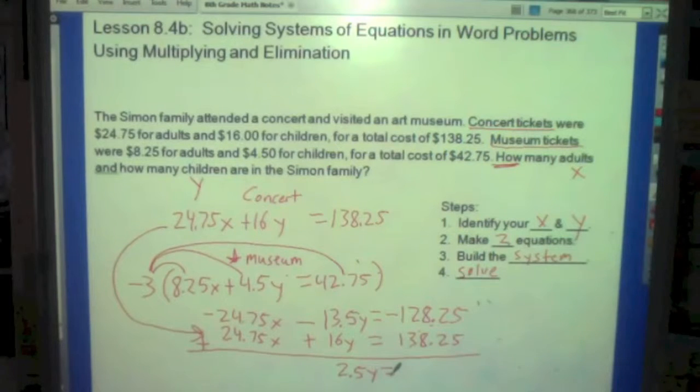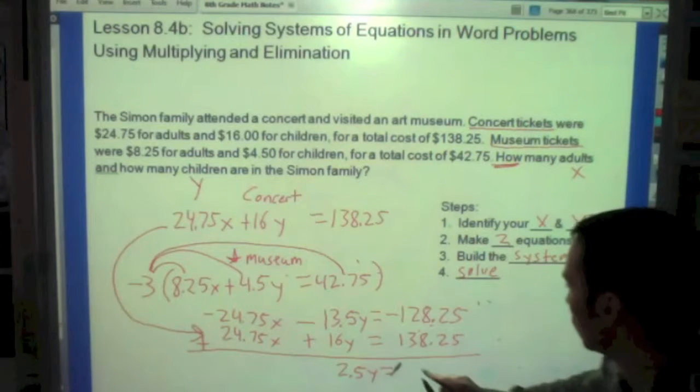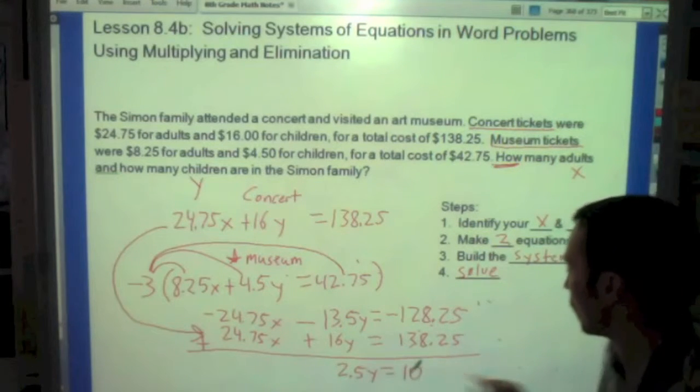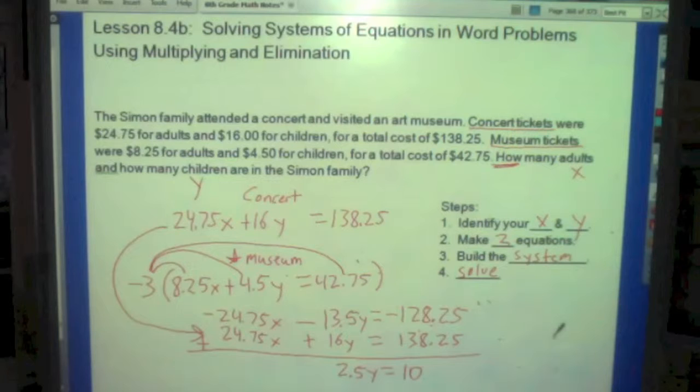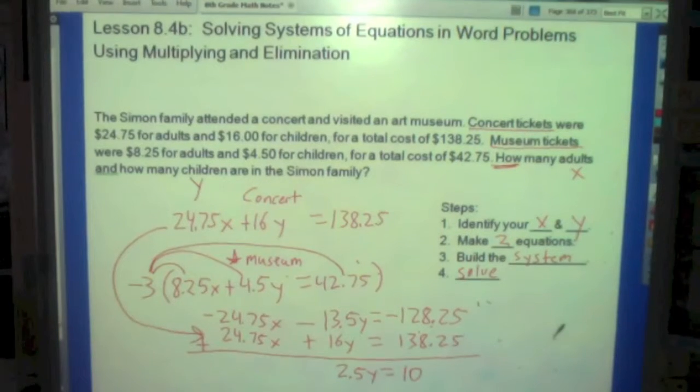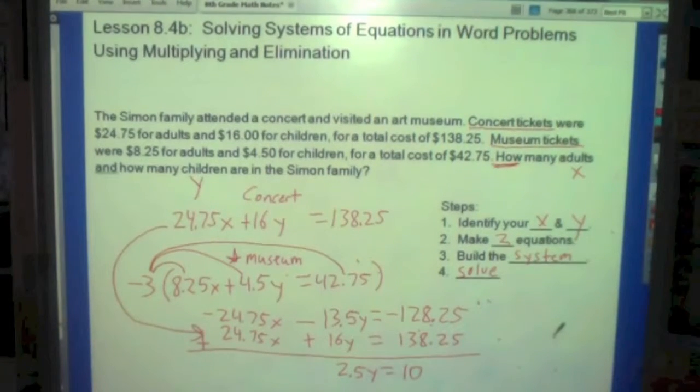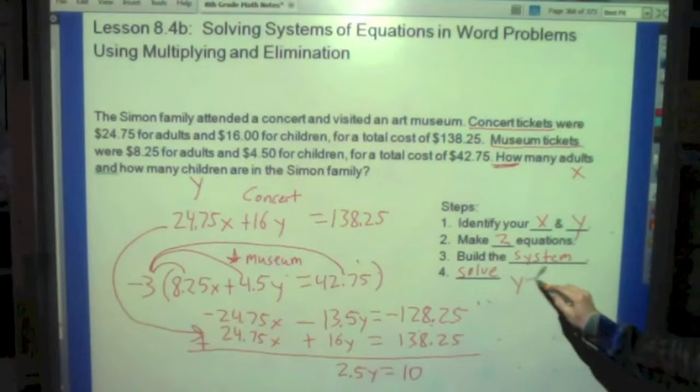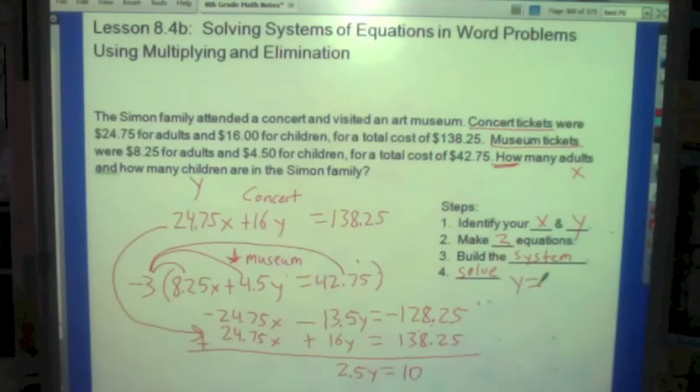And then my numbers are just going to come out to 10. Perfect. Now it's looking like something very simple that we can solve. We're just going to divide 10 by 2.5. And when I do that, y is going to come out to 4.